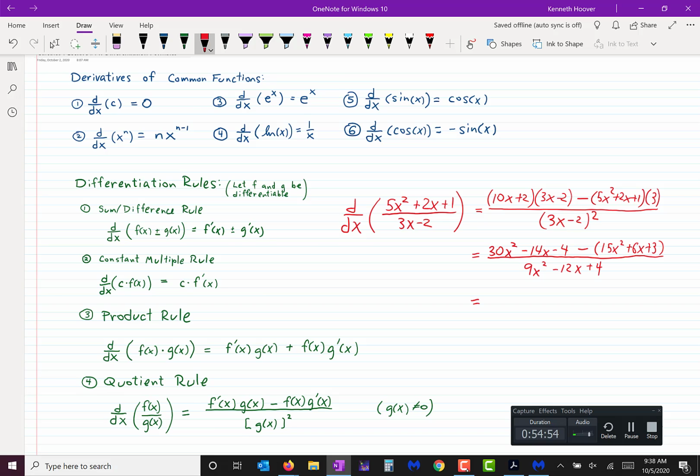So that is 15x squared minus 20x minus 7 over 9x squared minus 12x plus 4. There we go. That was pretty fast.